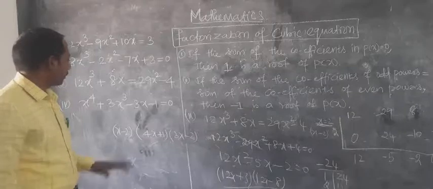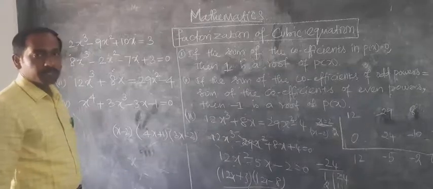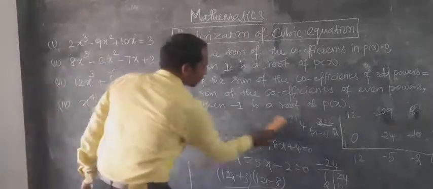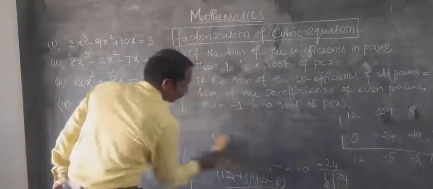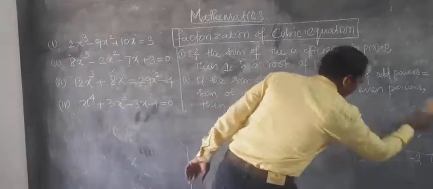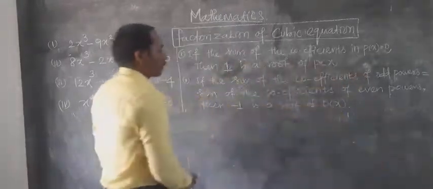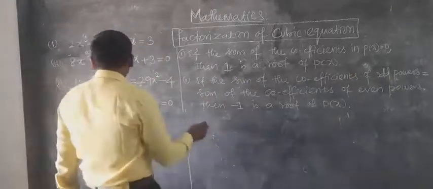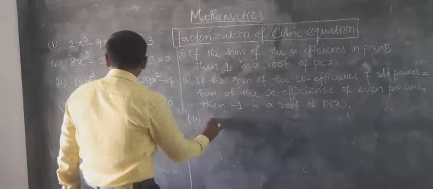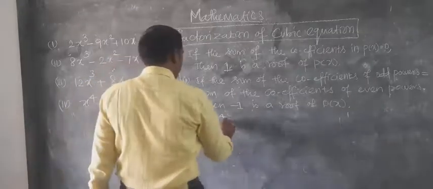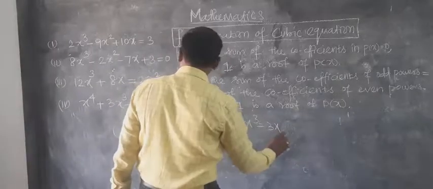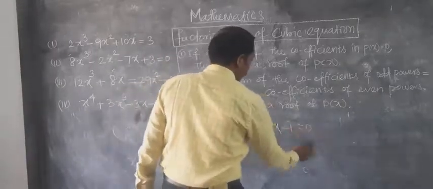In the last problem, it starts with power 4. So what are the main points? The fourth problem: x power 4 plus 3x power 3 minus 3x minus 1 equal to 0.